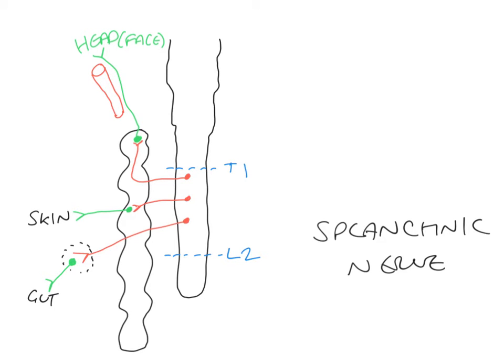Now, the final group that we need to think about are those sympathetics which supply the lower limbs, and they're found in the lower reaches of the sympathetic cell column, i.e. around about the L2 level.